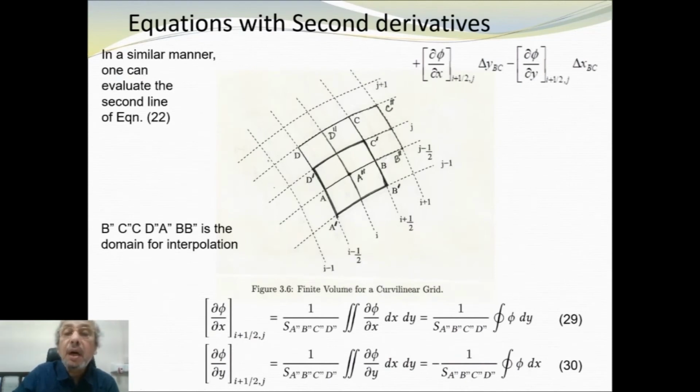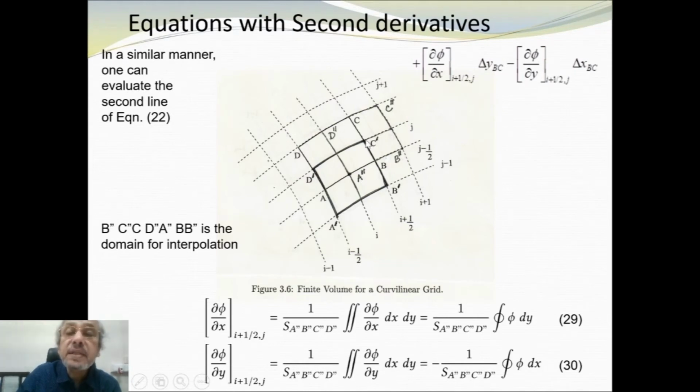Now we'll evaluate the second line of equation 22, which is again del phi del x at I plus half j, I plus half j meaning at this point, and del phi del y at I plus half j at this point.